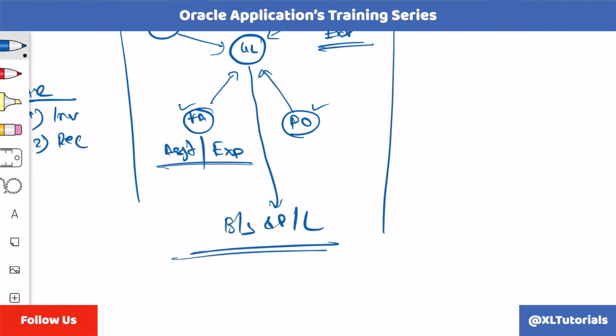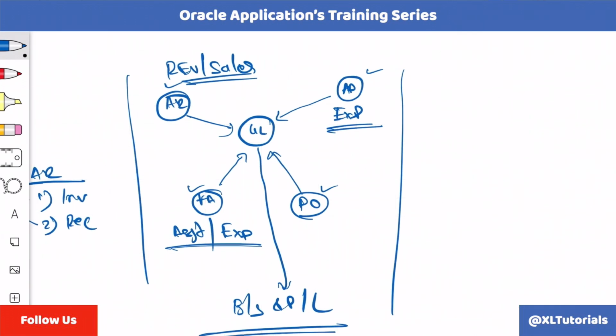So what I was trying to explain is the concept of GL and the fact that it's a very universal concept. No matter where you go, most ERP systems these days are modular. So it accepts accounting data from different sources.